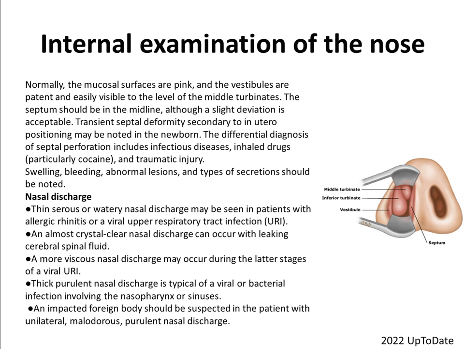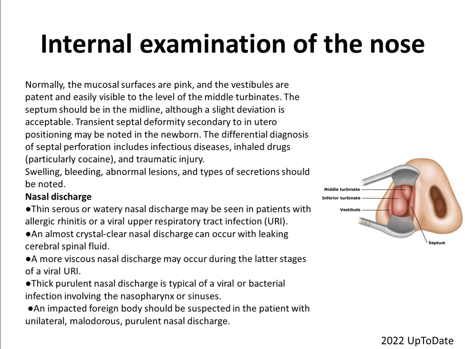Nasal discharge. Thin serous or watery nasal discharge may be seen in patients with allergic rhinitis or a viral upper respiratory tract infection. An almost crystal clear nasal discharge can occur with leaking cerebral spinal fluid.